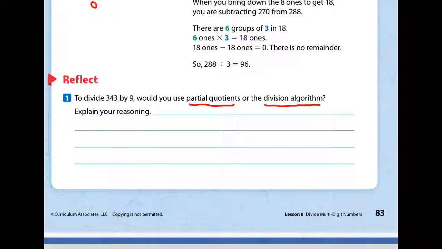Remember, that's the traditional way. Explain your reasoning. So what I want you to do is pause the video, write a few sentences there telling me what you would use. There is no wrong answer to this. But restart the video when you're done. Go.